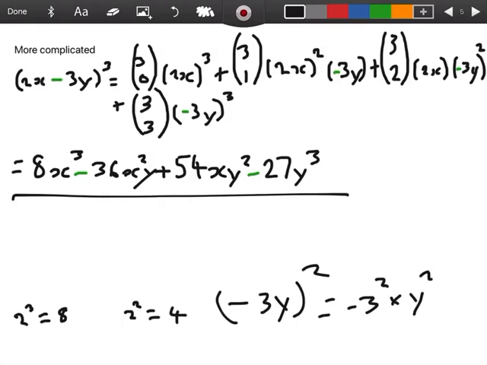So there we go, and then negative 3 squared is 9. And then we expand it all out, and then we get the answer. So that's a more complicated situation. But you can also go a little bit more complicated. I'm not covering it in this video, but I'll cover it in a later video, where we actually expand trinomials. Everything gets worse with trinomials.